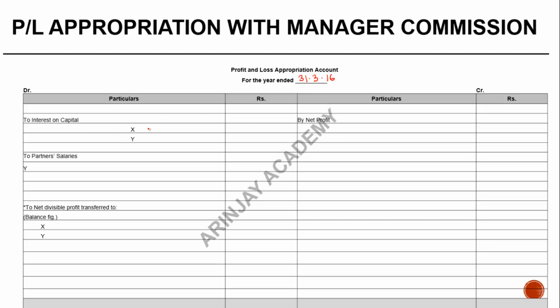The first one is interest on capital: X was entitled to 36,000, and Y was entitled to 24,000. How much was Y's salary? The salary to Y was 60,000. Now comes the trickier part. What is the net profit which has to be brought down here?